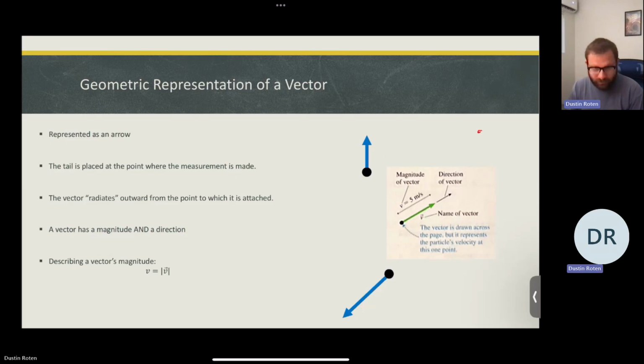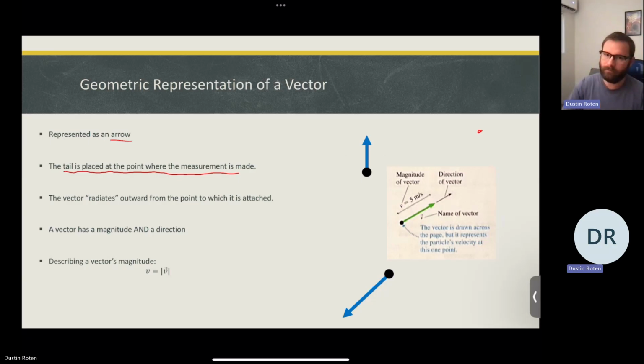So we've talked about this a little bit, but it's always worth reiterating. The way you would want to represent a vector is essentially an arrow. And it's important to remember that the tail is placed at the point where the measurement is made. So you're not pointing to where you're making the measurement. The vector's coming away from the measurement.